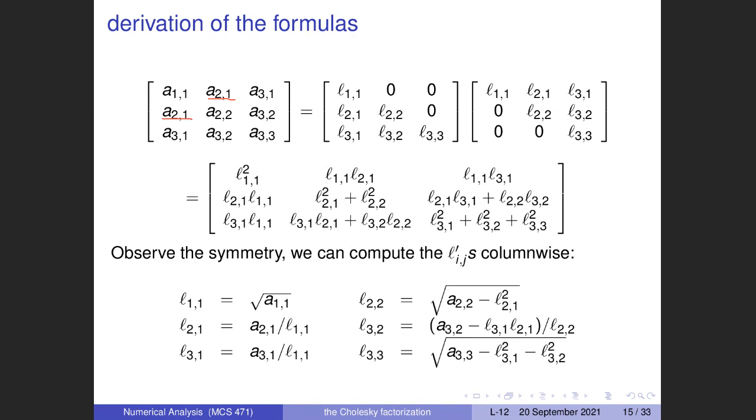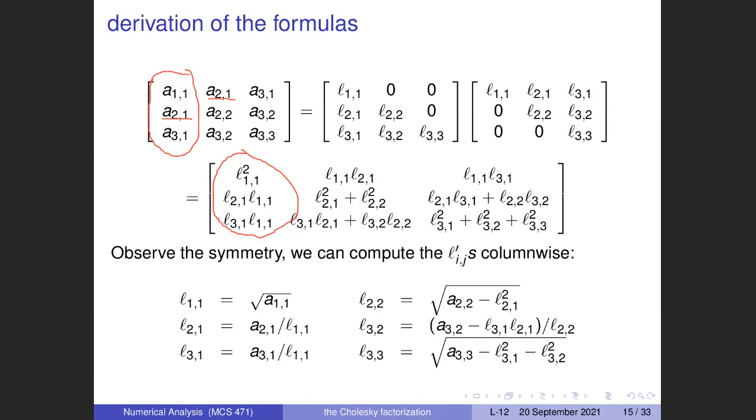So we can proceed column-wise, and here for this 3 by 3 example, everything fits on one slide. We compute the first column first by identifying the first column of our product with the first column of the given coefficients. Then we solve for the unknown L factors.